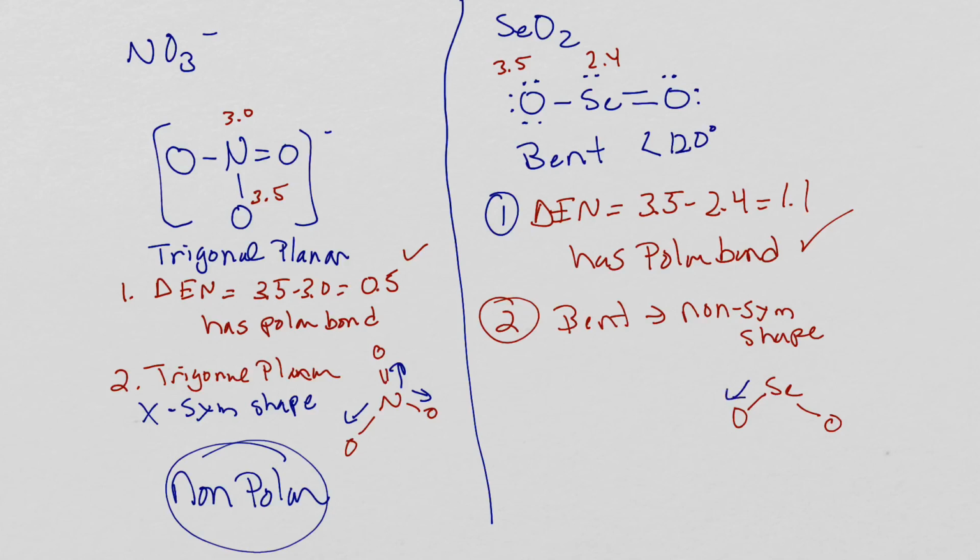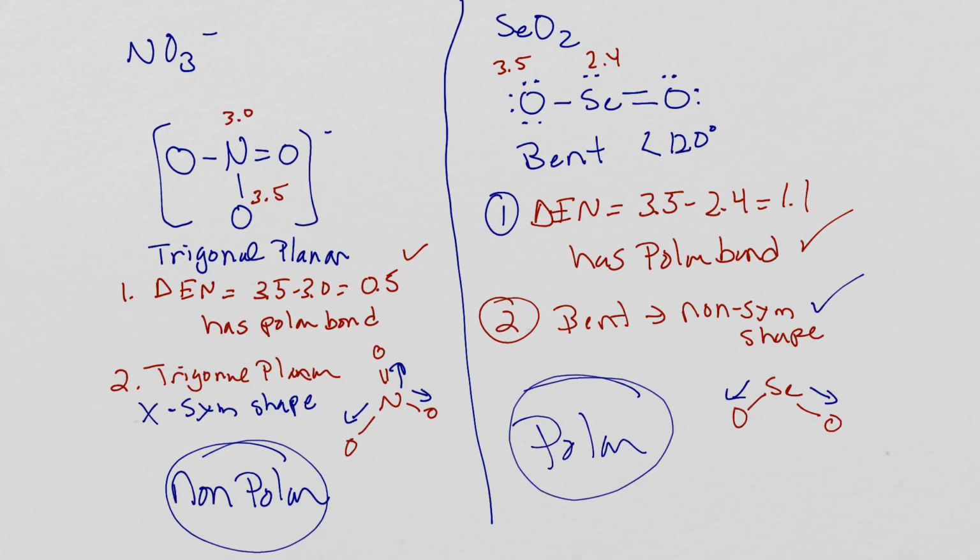So we would have one going like this and one going like this, and they are not going to cancel out. So we have a non-symmetric shape. So we would be able to give this again a check mark, because now we've answered our questions. Yes, it has a polar bond. Yes, it has a non-symmetrical shape. So answering yes to both, we can determine that SeO2 would be a polar molecule.